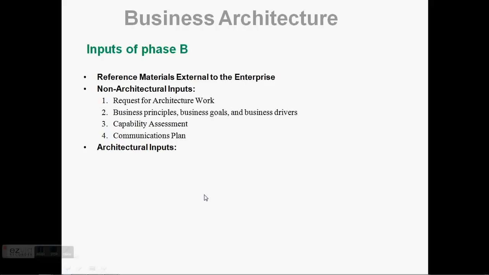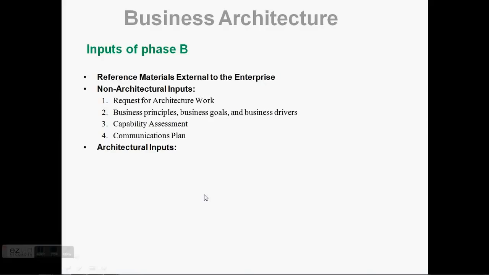Requests for architectural work can be created as an output of the preliminary phase, a result of an approved architectural change request, or terms of reference for architectural work originating from migration planning.